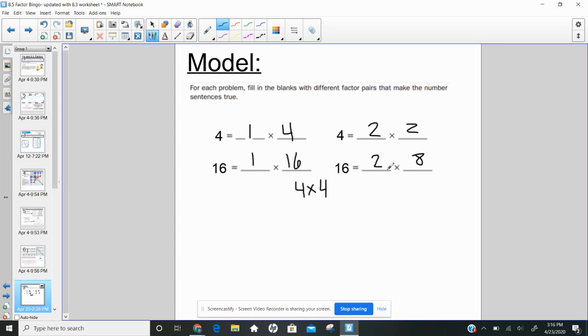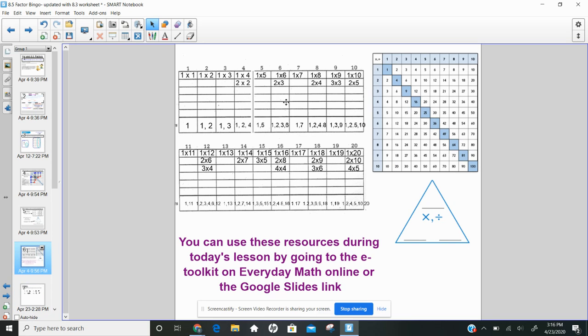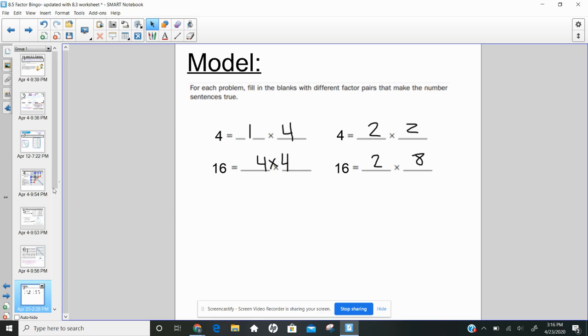Now, this only asks me to do 2, so instead of writing 1 times 16, since that's always going to be a given, maybe I would put the 4 times 4 here instead and try to switch it up. Again, I can always go back and find 16 right here: 1 times 16, 2 times 8, and 4 times 4. And those all matched up.